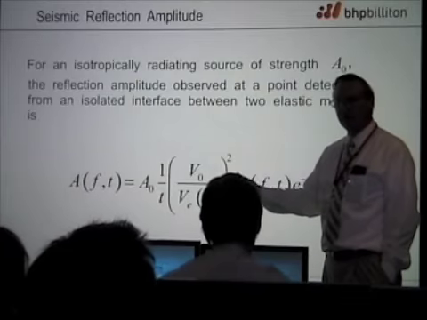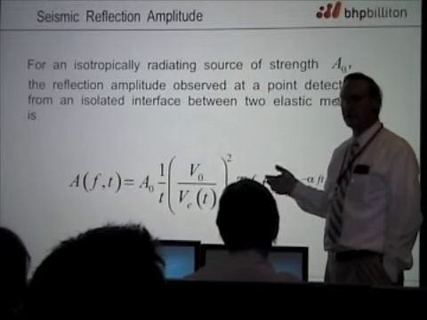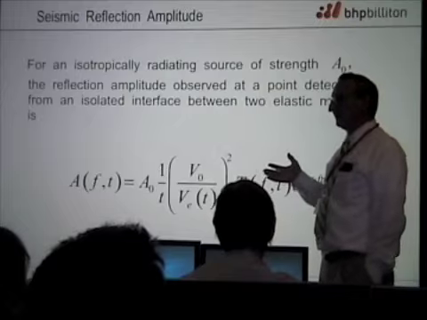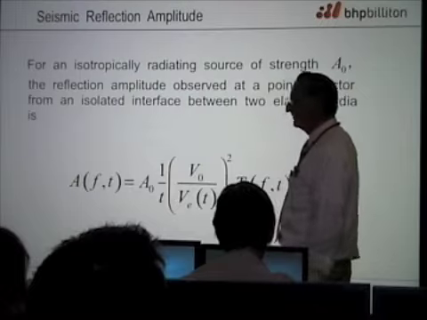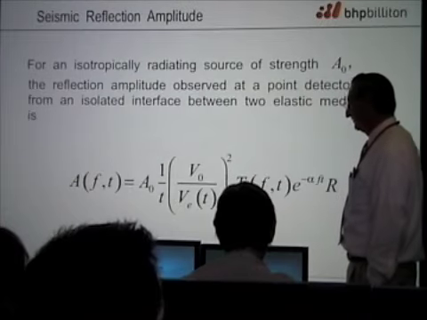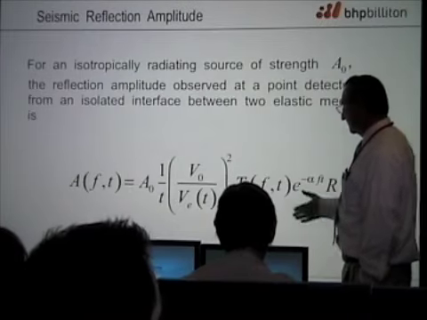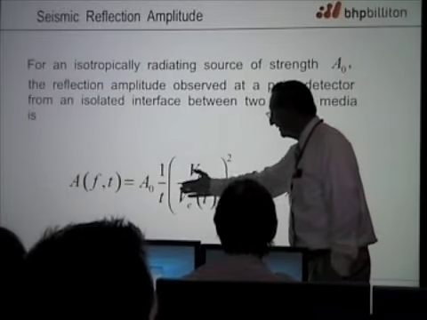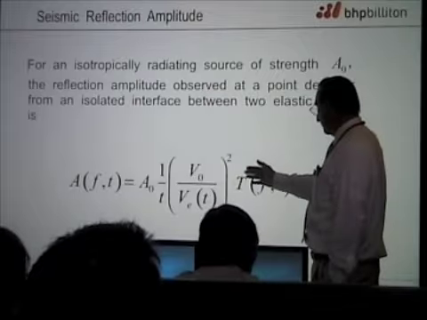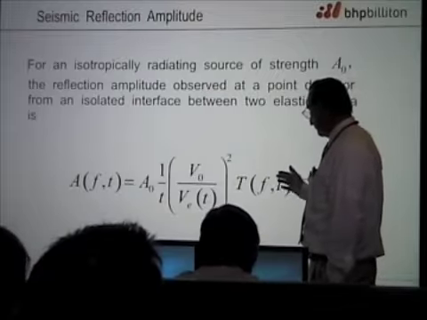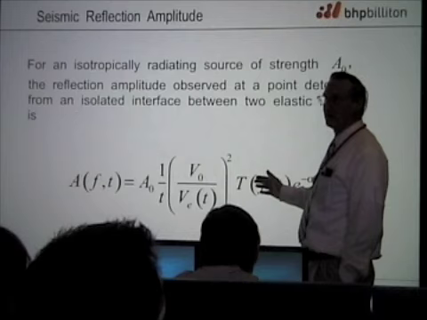Everybody familiar with dB? 20 dB would be a factor of 10 in amplitude. 6 dB is a factor of 2 in amplitude. This is a logarithmic scale. This term is maybe another 2 dB per second, but it attenuates the higher frequencies more than the low frequencies.